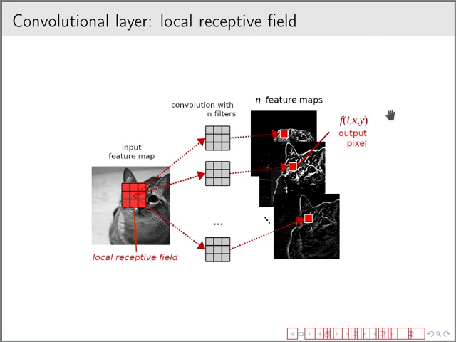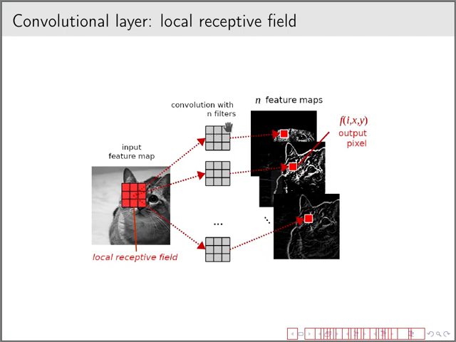So let us talk about a concept called the local receptive field. Actually, we have already seen that, but I want to recall this concept. Let's say we have this input image here, and I'm exaggerating the size of the filter just to make it easier to explain.